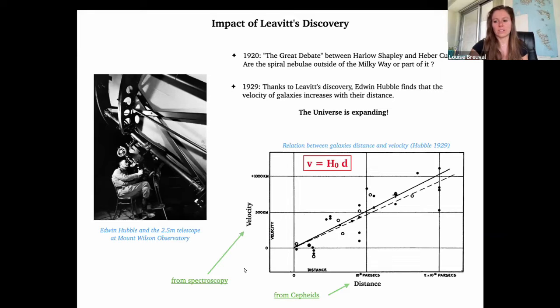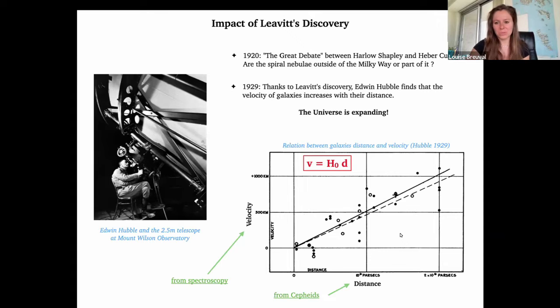So this is easy to do even at that time, just by measuring the redshifts. Today this plot is quite wrong, we know. The slope of this relationship is H0, the Hubble constant, the expansion of the universe today.